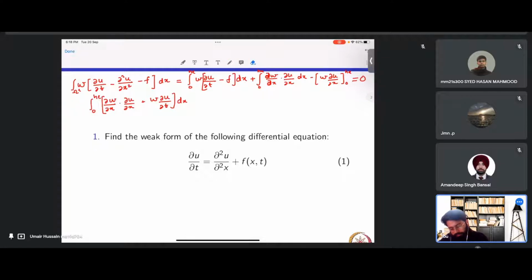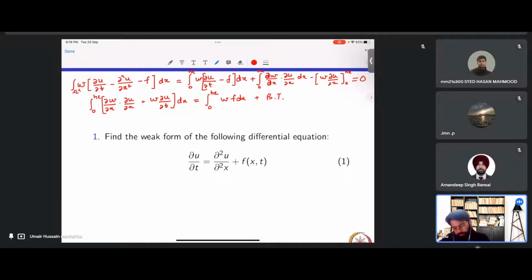So I'll not violate that. Sorry, more terms here. Then we have, plus I'll just leave this boundary term as it is here.